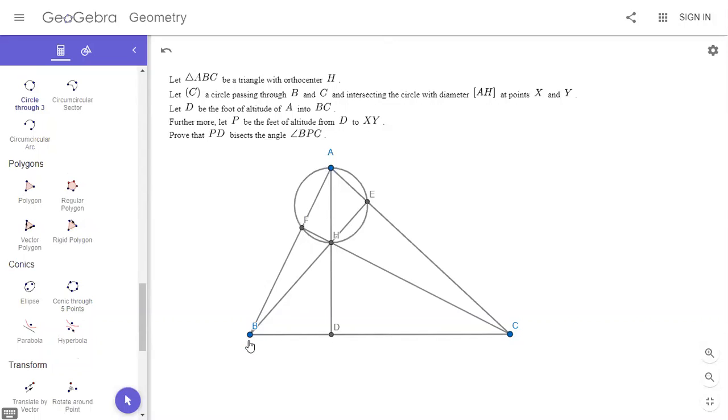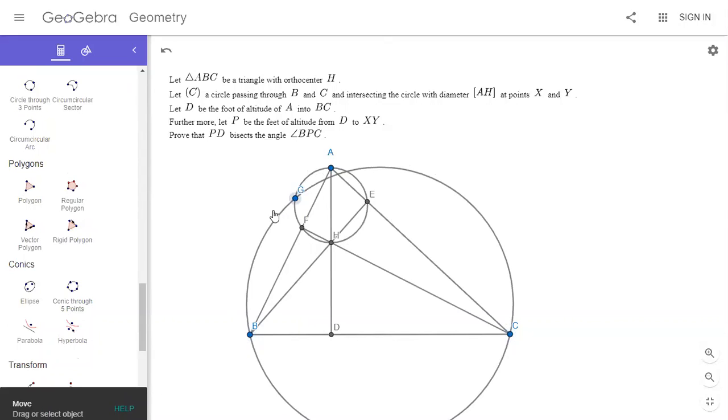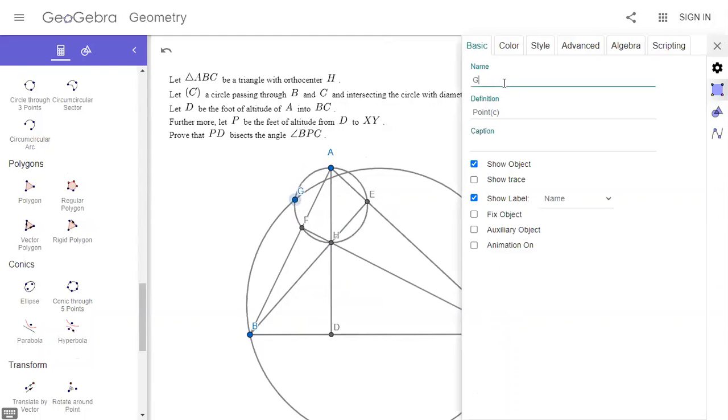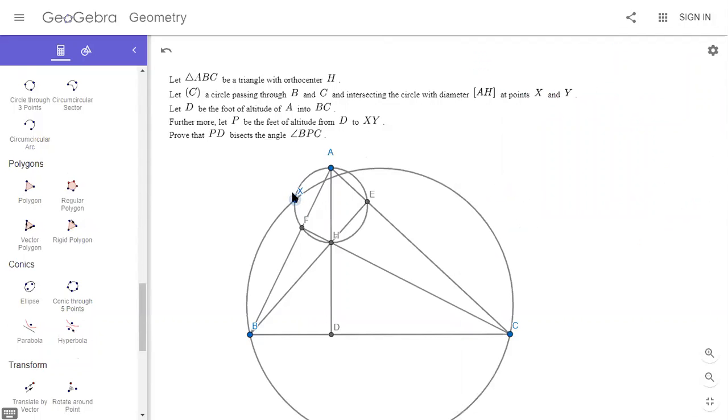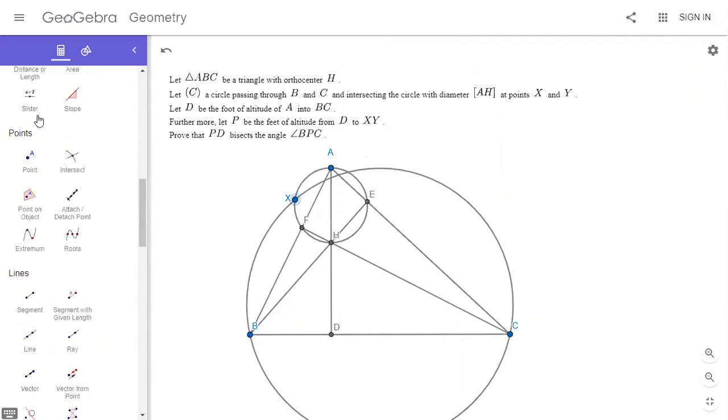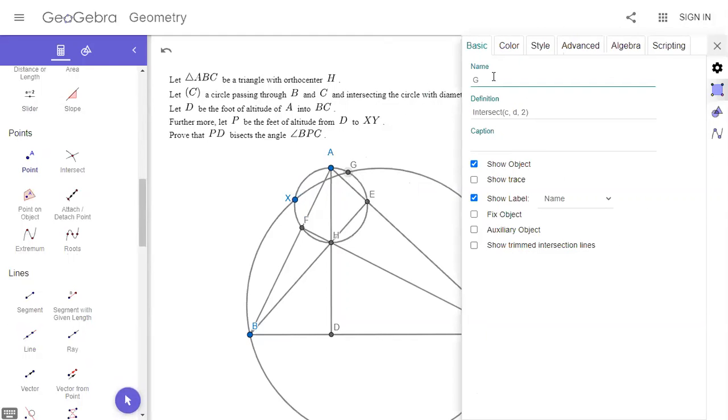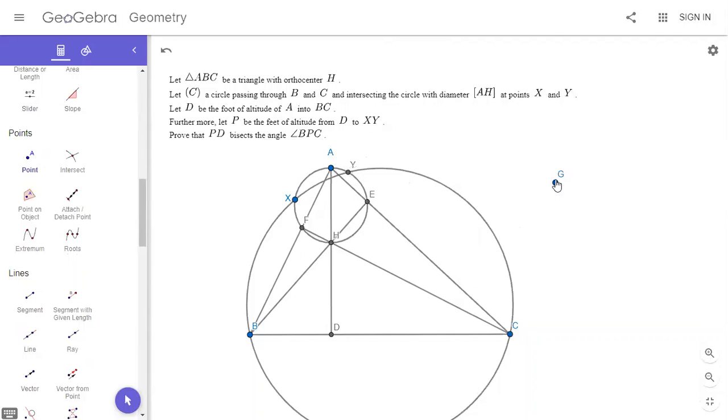And then we have another circle through points B and C, and it intersects that circle at X and Y. And then D is the foot of the altitude we've already drawn. And P is the foot of the altitude from D to XY.